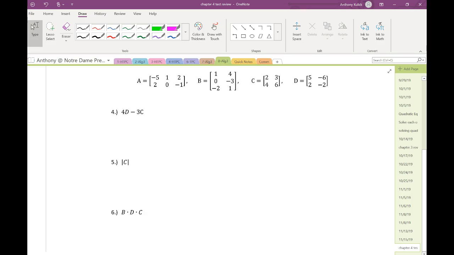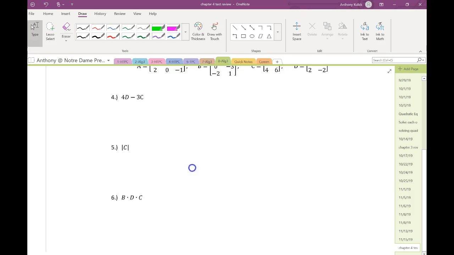Do 6? Sure. So that's a matrix multiplication problem. Does that work for you there, Tom? Yeah. Okay.